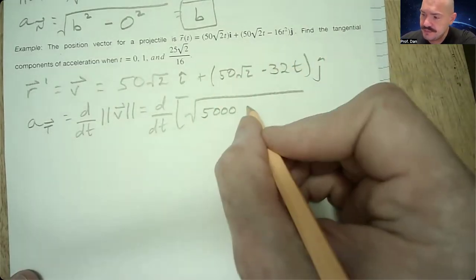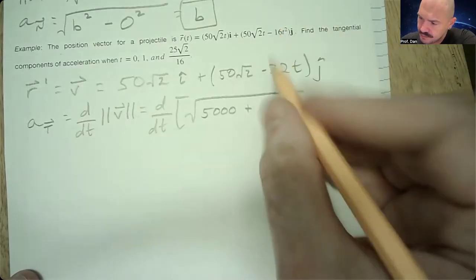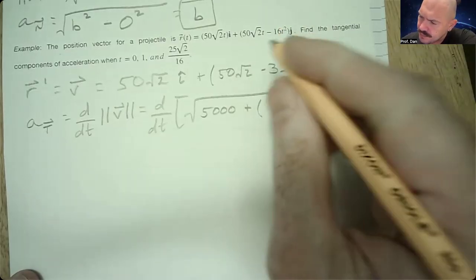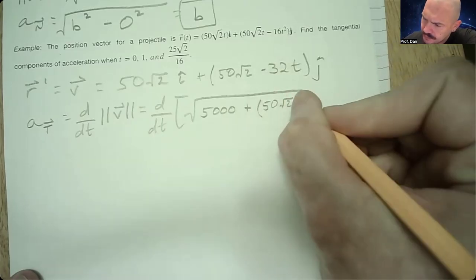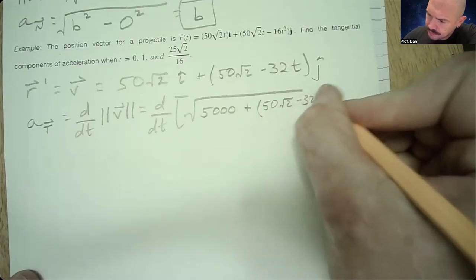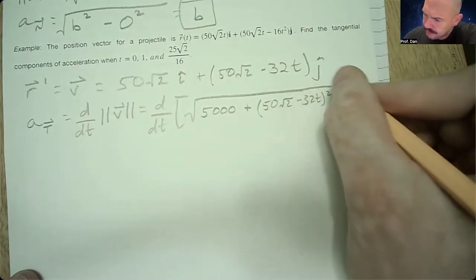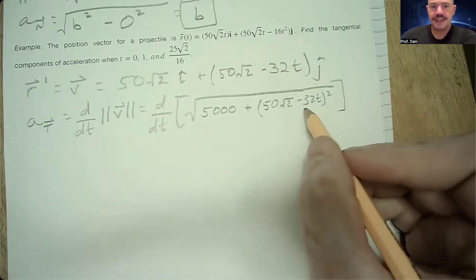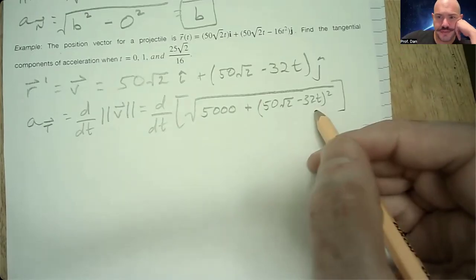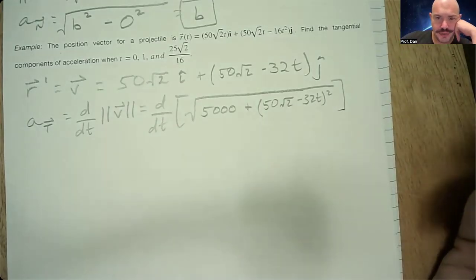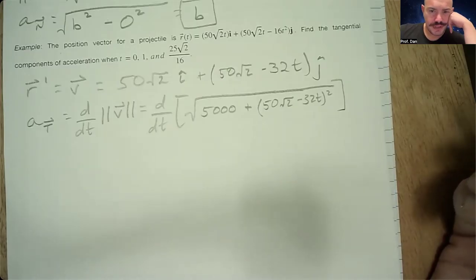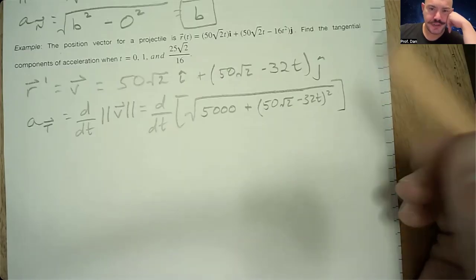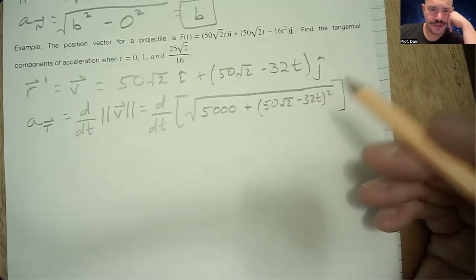Now for this one, we would have to distribute to get that to be what we want. I don't really feel like doing that. So we're just going to do a chain rule with the chain rule inside.